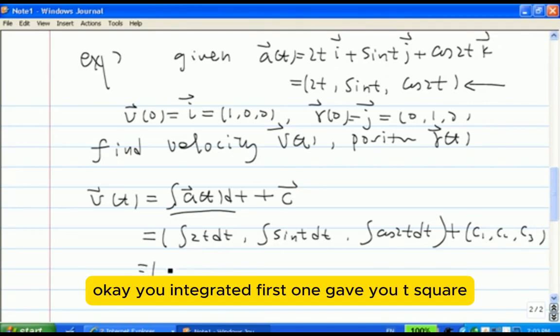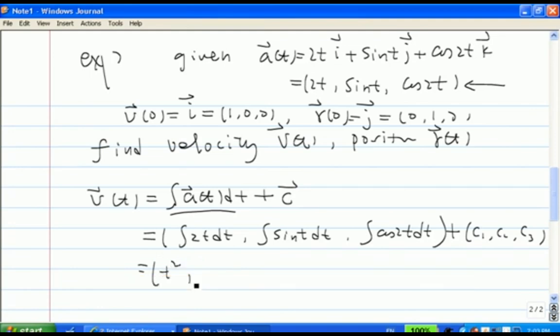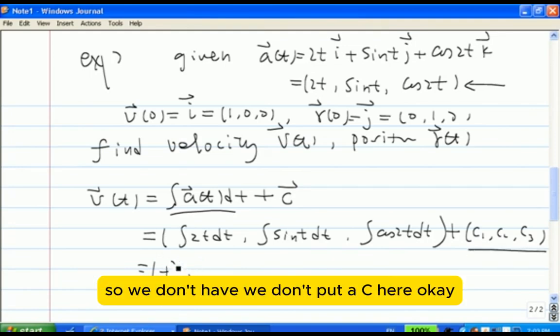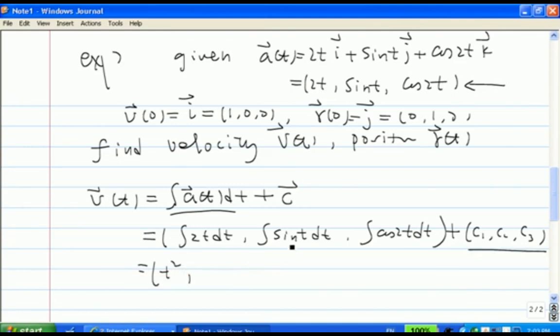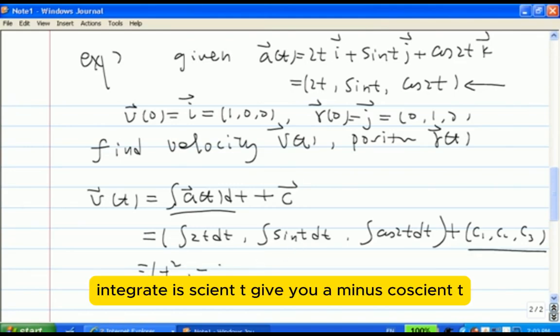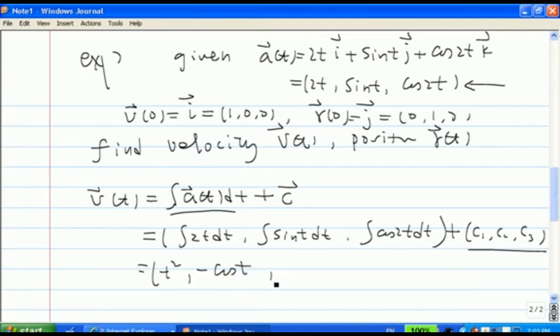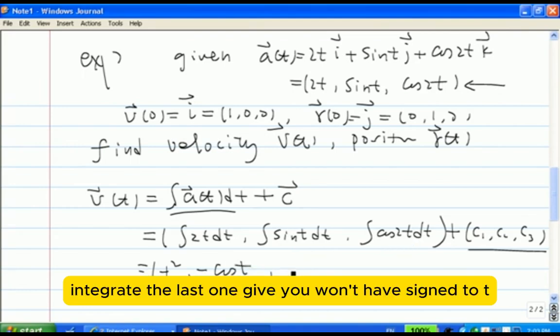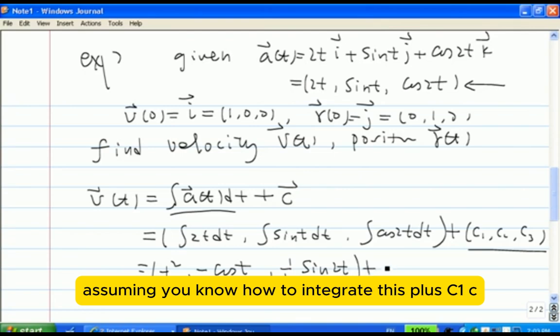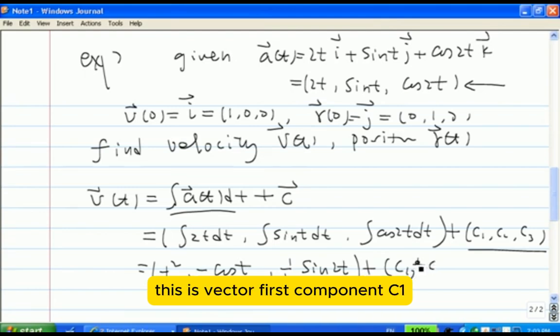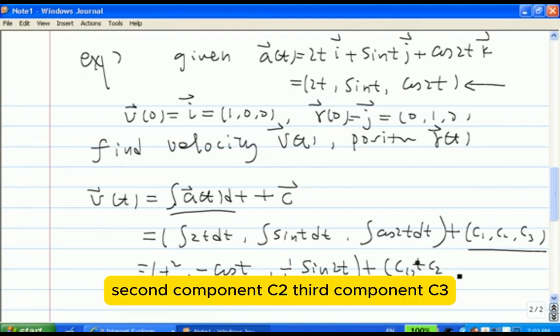Integrating the first one gives t squared. Since we already have c here, we don't put a constant here. Integrating sine t gives minus cosine t. Integrating the last one gives 1/2 sine 2t, assuming you know how to integrate this. Plus c, which is a vector: first component c1, second component c2, third component c3.